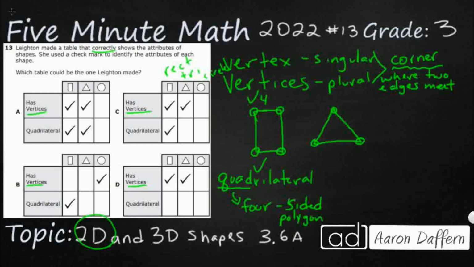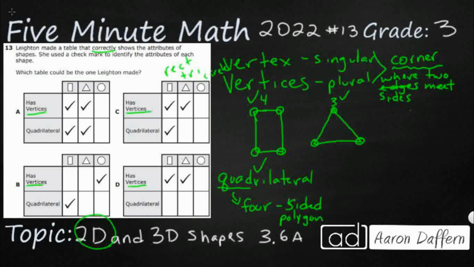And when we're dealing with two-dimensional shapes, the number of vertices always equals the number of sides. And so we've got 3 right here. Yes. Actually, we probably need to label this as sides rather than edges. But it's not a 4-sided shape, it's a 3-sided shape. It's a triangle. So no check mark there.